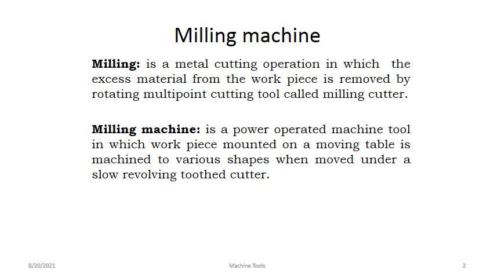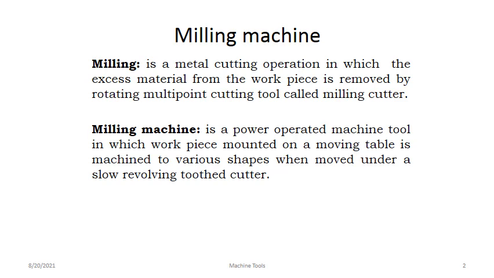You can study that. Milling is a metal cutting operation in which the excess material from the workpiece is removed by a rotating multi-point cutting tool called a milling cutter. The milling cutter or milling tool is a multi-point cutting tool. I have already explained what a multi-point cutting tool and a single point cutting tool are.